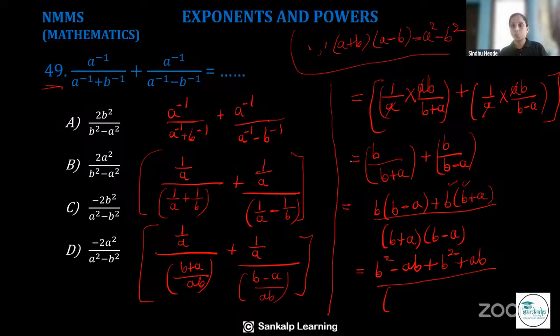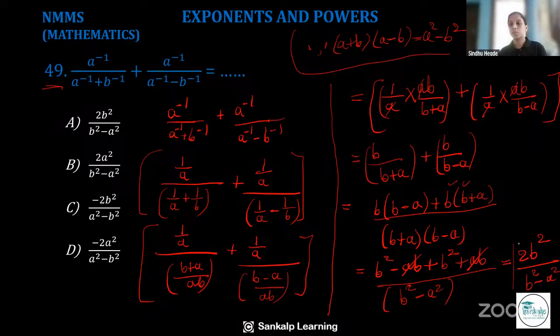So apply this formula here. The denominator containing b plus a into b minus a becomes b square minus a square. Now cancel the common terms in the numerator: minus ab plus ab cancels out. Then b square plus b square divided by b square minus a square remains. So b square plus b square is 2b square divided by b square minus a square.